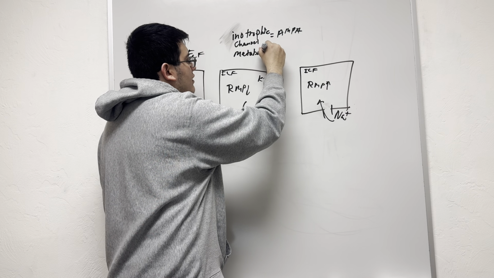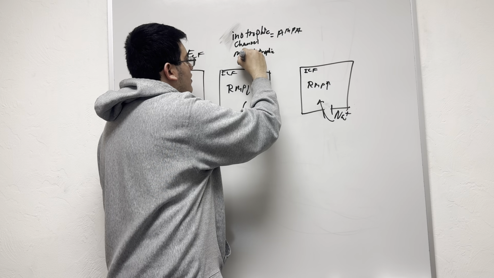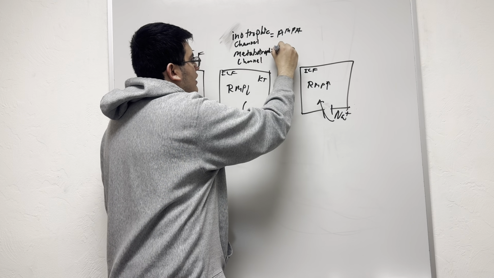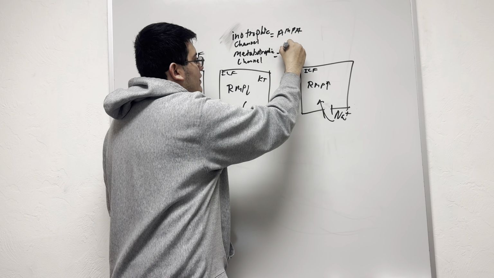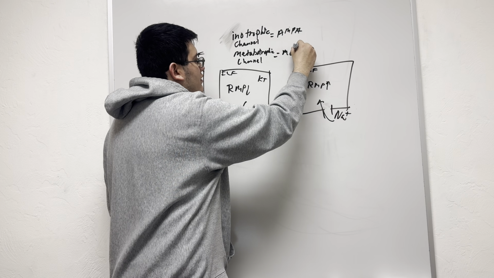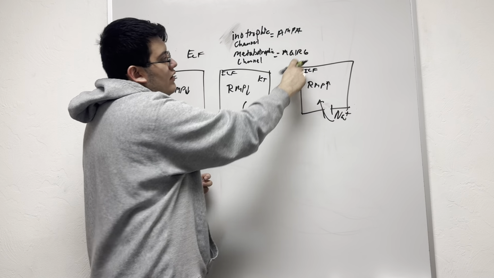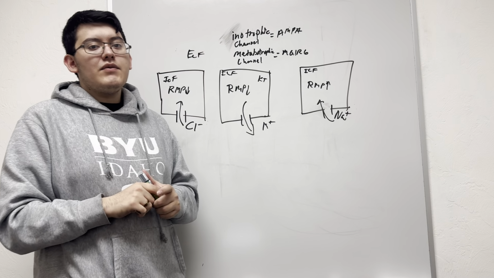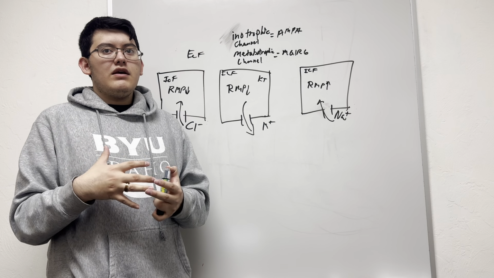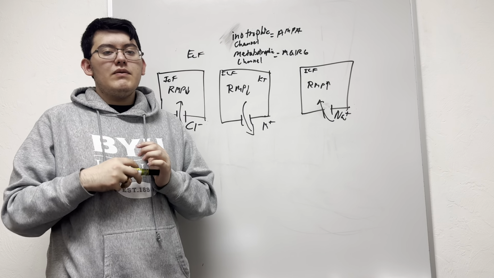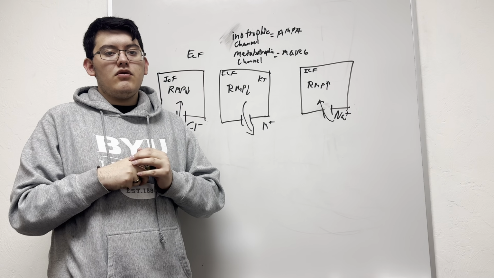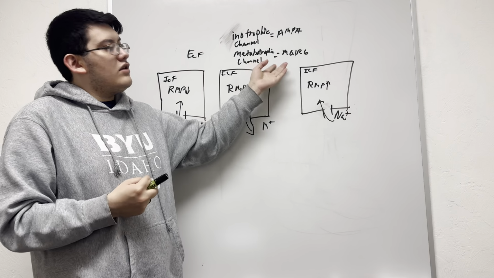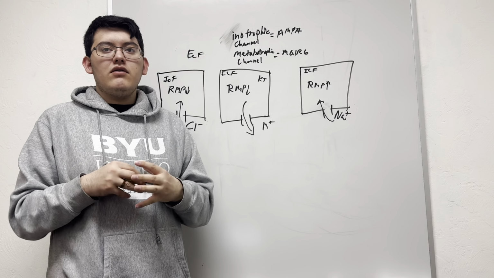metabotropic channel, this is a hard word, an example of that would be mGluR6. What happens when mGluR6 receives glutamate is that instead of keeping the TRPM channel open, it closes it. It causes a decrease in the activity within the cell.